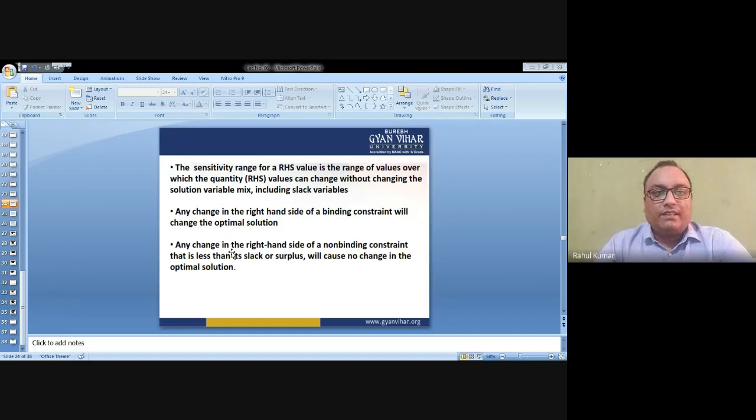And any change in the right hand side of the binding constraints will change the optimal solution, right? This is the right sentence. And any change in the right hand side of a non-binding constraint that is less than its slack or surplus variable will cause no change in the optimal solution.